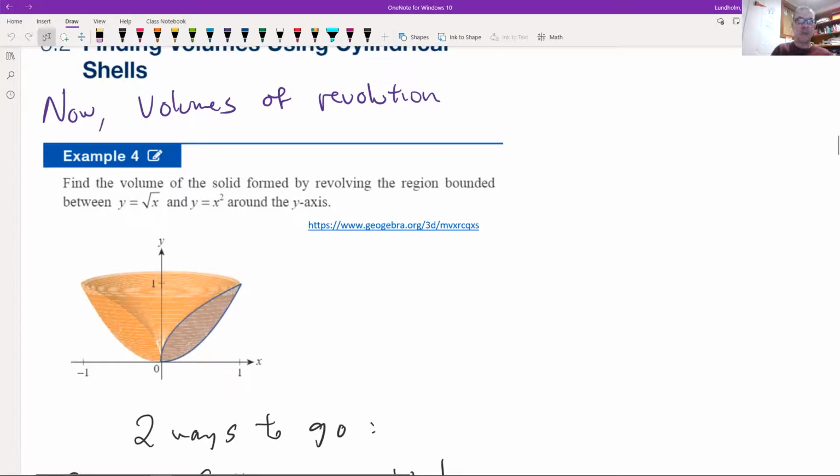If we were going to do an integral in terms of dx, let's draw the leaf shape with 2 different colors.